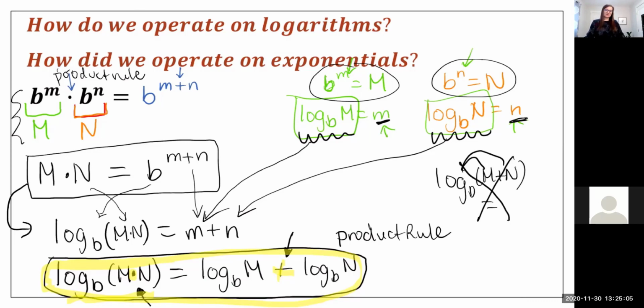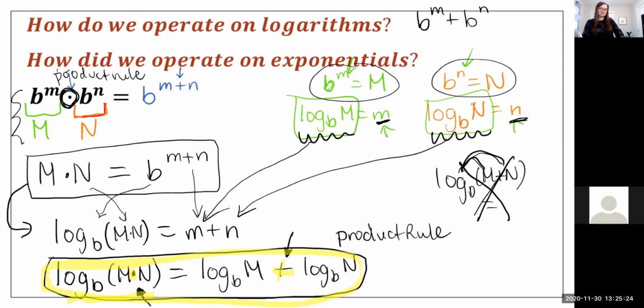That does not work, because it has to be a multiplication in order for it to become an addition. An addition of those two things won't work because we don't have a rule for adding two powers of the same base. We don't have a rule for b to the m plus b to the n. So we can't just distribute.